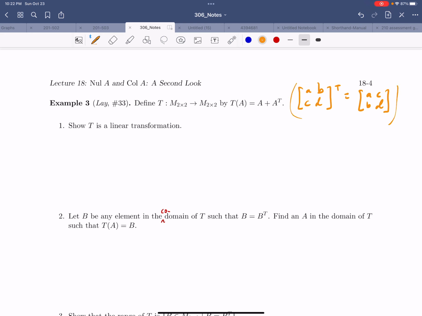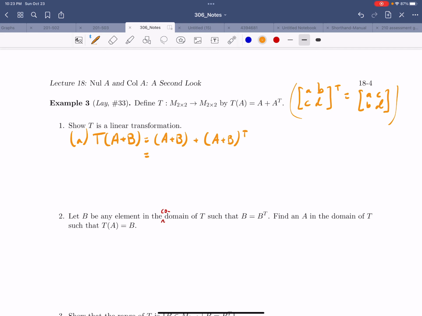Show T is a linear transformation. All right, so this requires 2 steps. First, T of, let's say, A plus B, 2 matrices, equals A plus B plus the transpose of A plus B, we just plug that in wherever we see A. Now remember, we have to show that that's the same thing as T of A plus T of B. But that's not so bad, because we know that the transpose of A plus B is just A transpose plus B transpose.